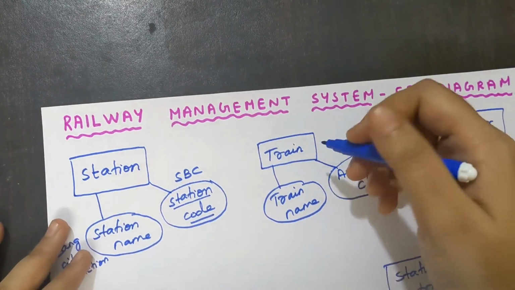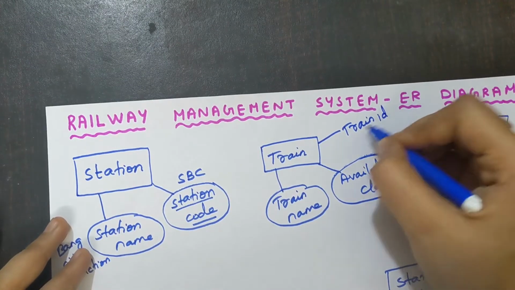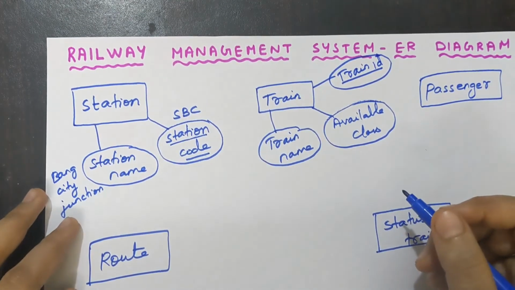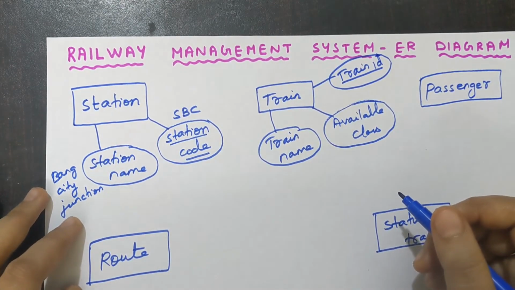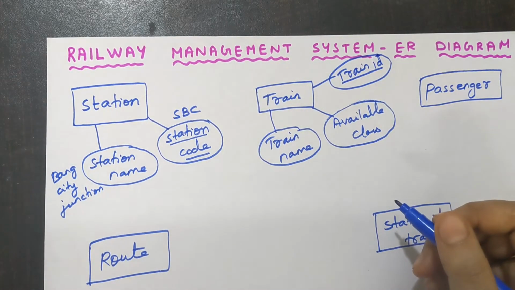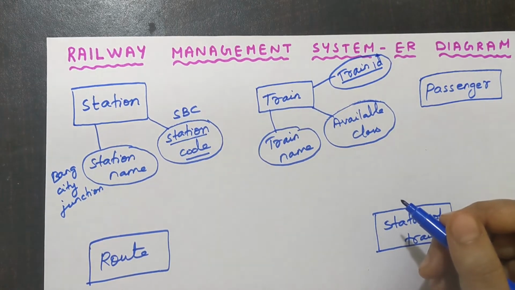Next, train will have an ID. This must be underlined because it is a primary key, because every train will have a unique ID. For example, if the ID of a particular train is 12345, no other train will have the same ID 12345.